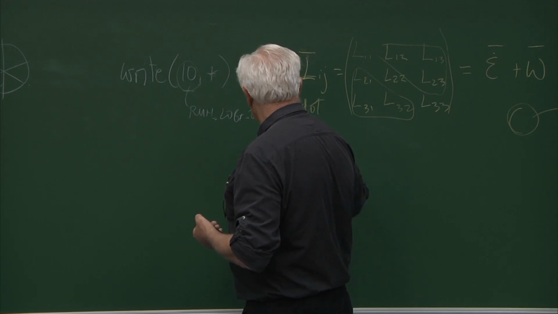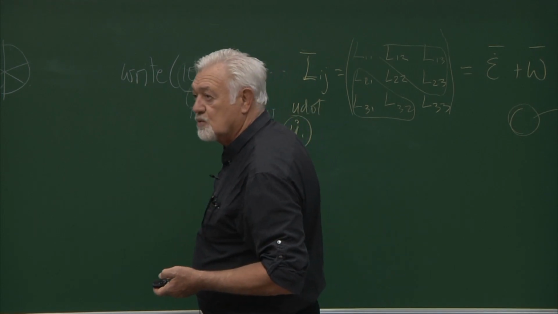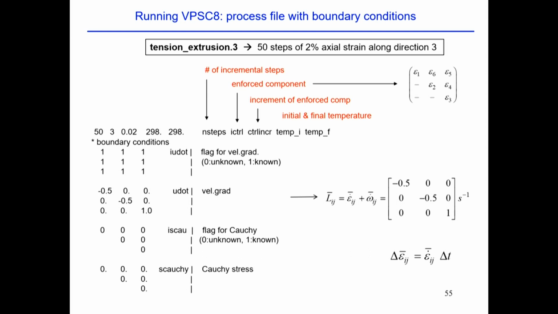IU dot being 1 or 0 is telling the code if you are enforcing this component or not. 1 is yes, you are enforcing this component, and 0 is no, I'm not enforcing this component. And then here you give the values of the components that you are enforcing. This is a U dot. In this particular case, all of them are enforced, and they are 1, -5, -5, and all zeros here.